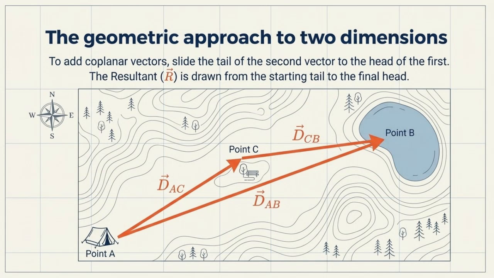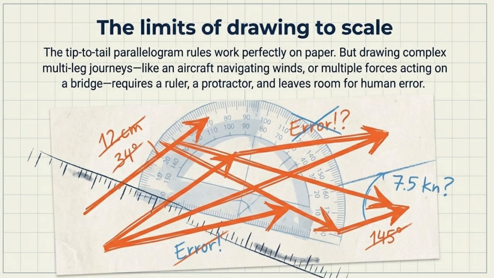Then from point C to point B along vector d_CB. The overall movement from point A directly to point B is represented by the resultant vector d_AB. This method helps visualize how vectors combine to produce a final displacement or direction. While drawing to scale can be very effective for simple problems, as the complexity increases, it becomes much harder to maintain accuracy.